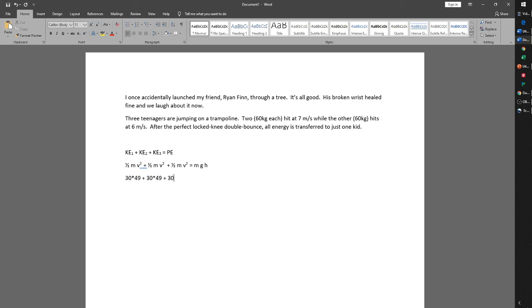Still 1/2 of 60, and then times 36. And then over here, all of the energies bounced into just the one kid. So I'm going to put in his mass of 60 times 9.8 rounded up to 10 for gravity, and it looks like we're going to be solving for h. And a little while later, you could actually go in and get that value.